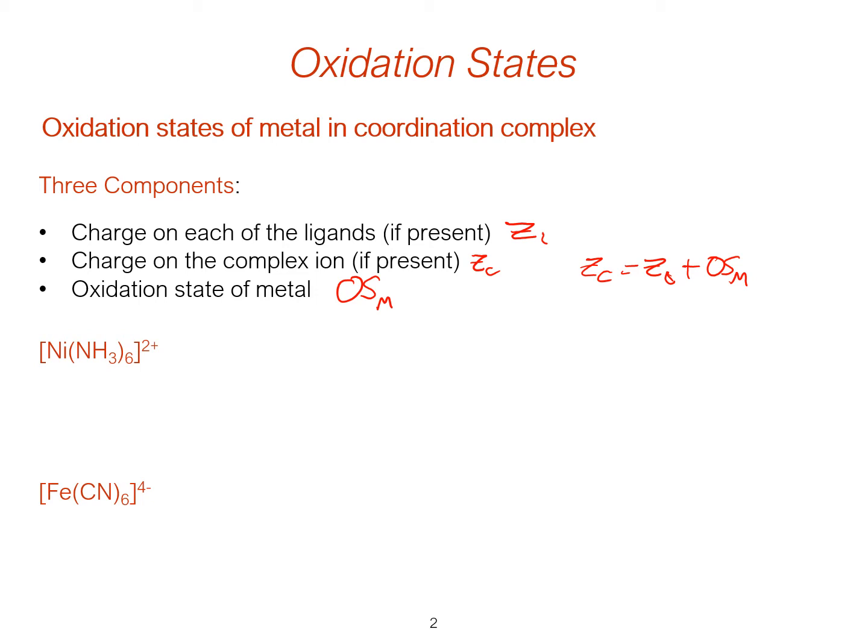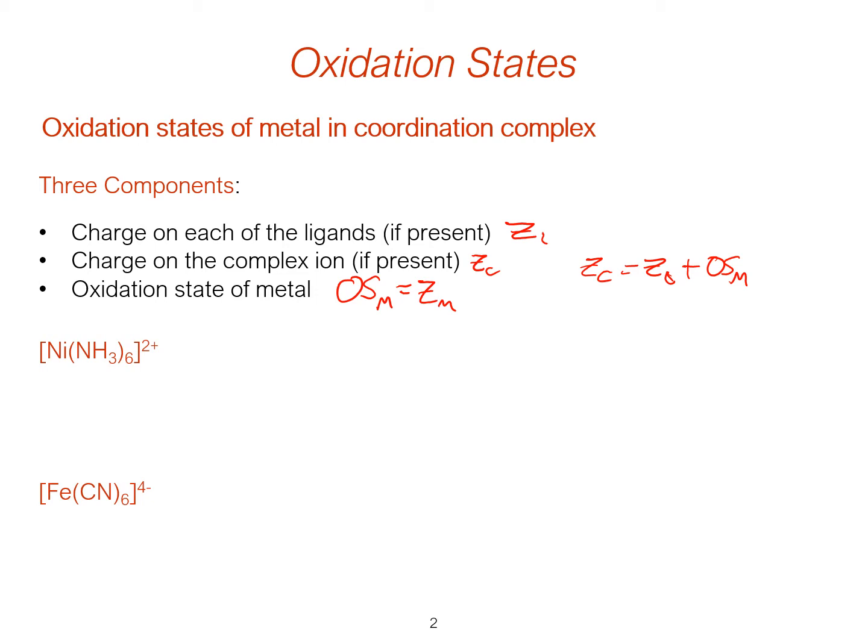So essentially, the oxidation state of the metal is the same as the charge of the metal, ZM. If you've got nickel 2+, the oxidation state of that ion has to be equal to the charge, so it will be nickel in the +2 oxidation state. So that's how all these three things combine.